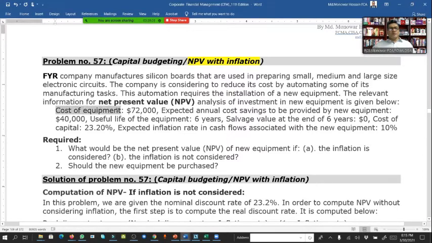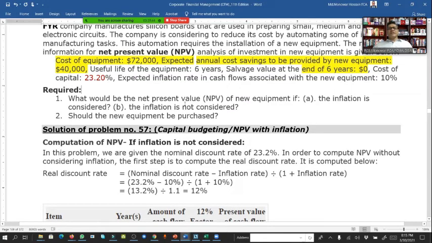Cost of equipment is 72,000. Expected annual cost saving provided by the new equipment is 40,000 cash saving. Useful life of the equipment is 6 years. Salvage value at the end of 6 years is 0, that means salvage value nil. Cost of capital 23.20%, and expected inflation rate of cash flow associated with the new equipment 10%.